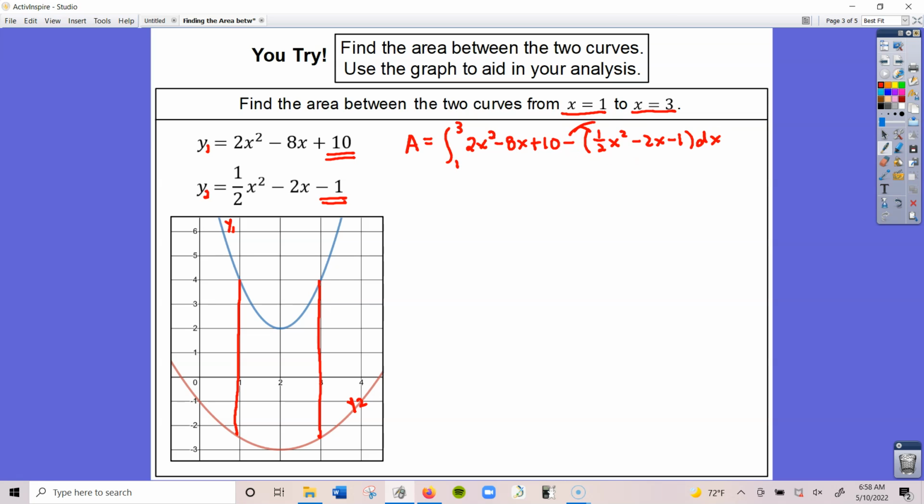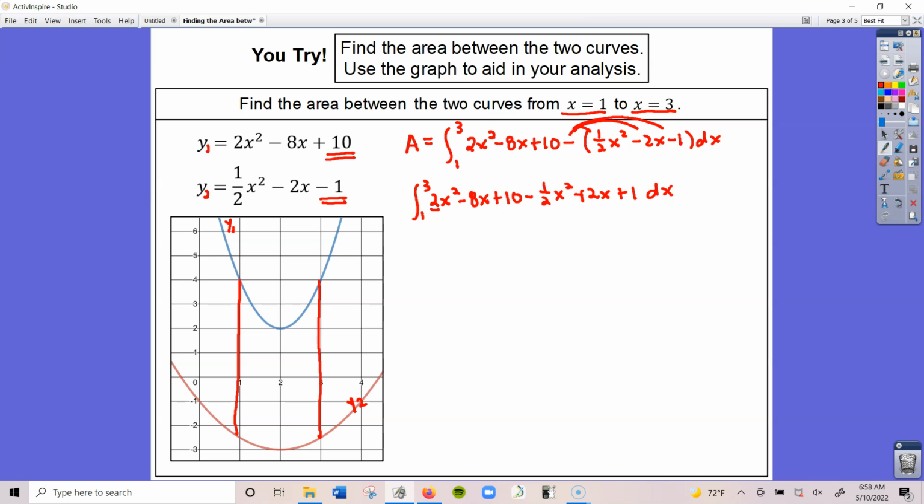Let's distribute this negative so then we can combine our like terms. So this is the integral from 1 to 3 of 2x squared minus 8x plus 10 minus 1/2 x squared plus 2x plus 1 dx. Now we're going to combine 2x squared minus 1/2 x squared.